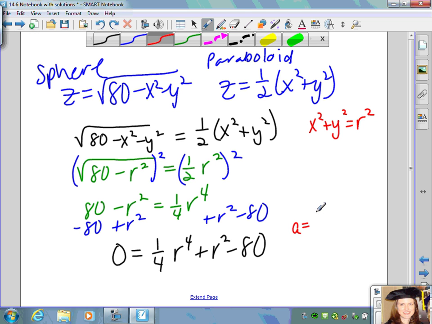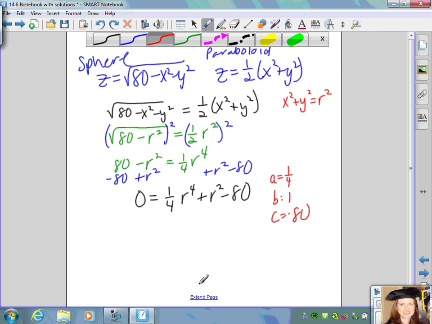If you let a equal 1/4 and b equal 1 and c is equal to -80 and use the quadratic formula, you can find that when you solve this, you actually get r squared is equal to 16, or r squared is equal to -20, or you can even factor this polynomial.